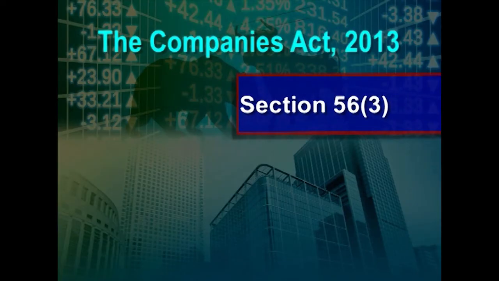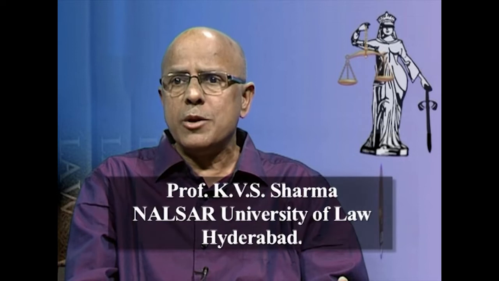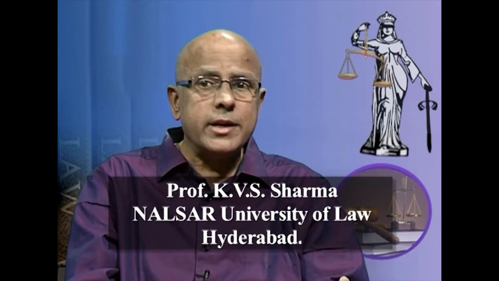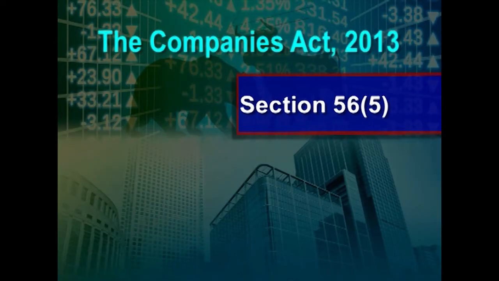According to section 56, subsection 3, where the application has been made by the transferor alone and the shares are only partly paid, the company should inform the transferee about it, and if he makes no objection within 2 weeks, the company should register the transfer in his favor.